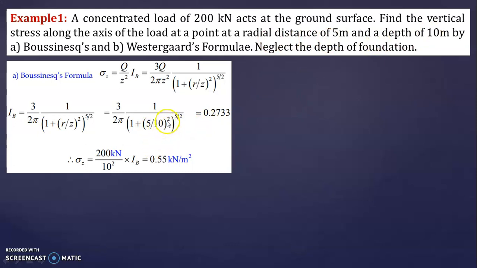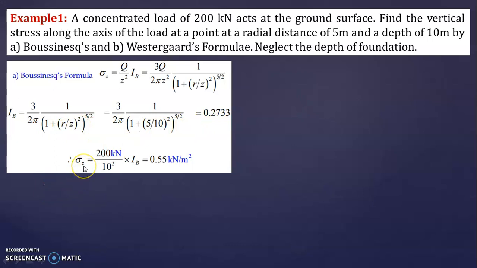So 5 divided by 10, square, to the power 5 by 2. So we will get IB or KB is equal to 0.2733. If you have the table, then directly you can take IB value using R by Z ratio.